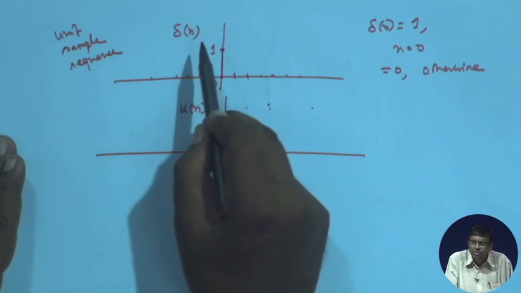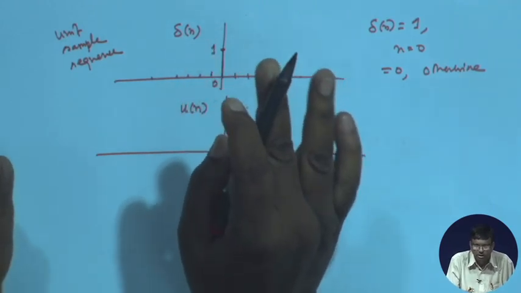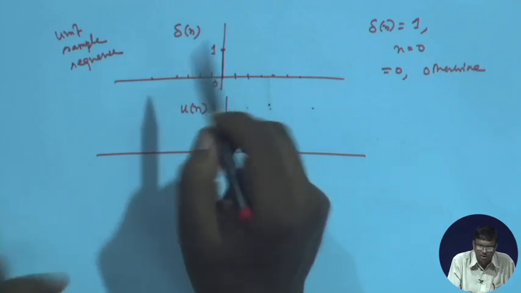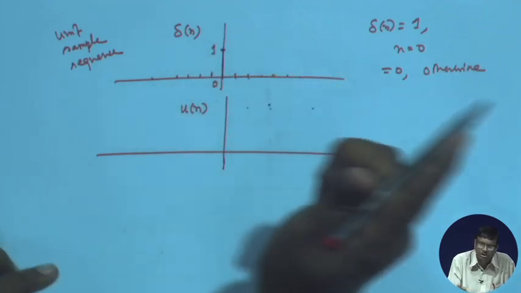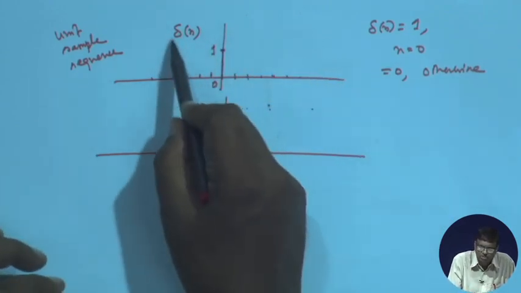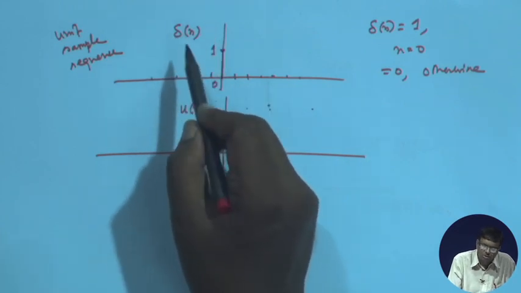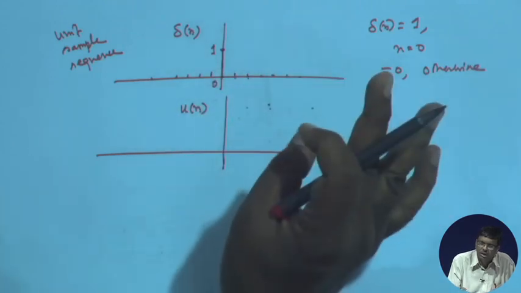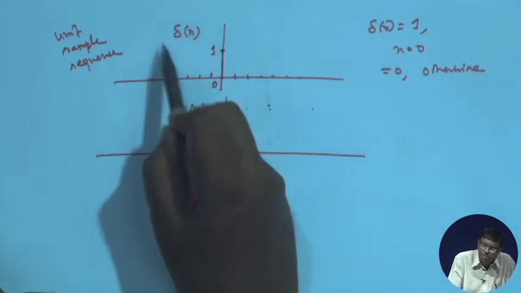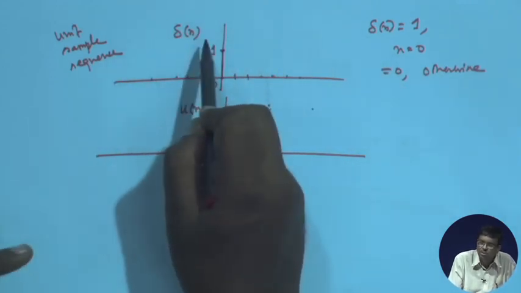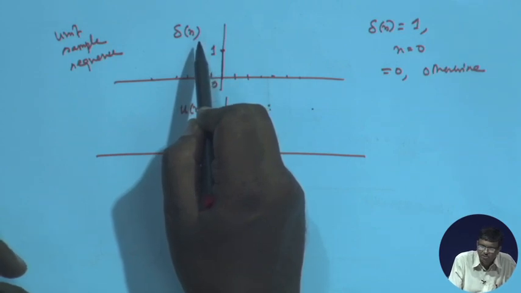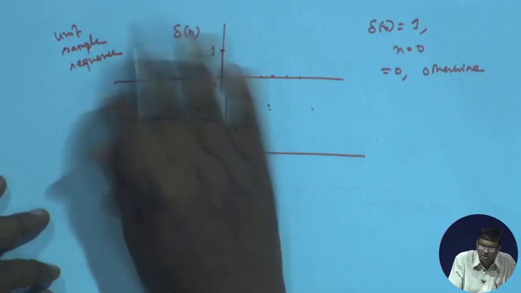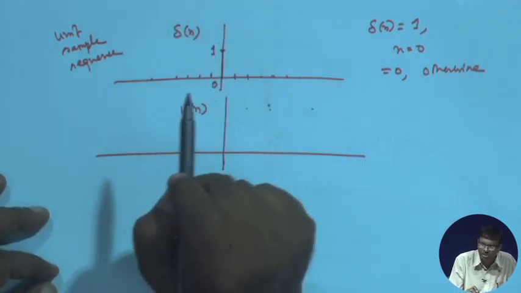But I tell you one thing, because we have been using the delta function or unit impulse function in analog so often with this symbol delta, sometimes we also call it the unit impulse sequence by mistake, but that mistake is well accepted. There is nothing impulsive about it. Even if we say unit impulse sequence, it basically means unit sample sequence, its value is 1. It has nothing to do with the actual impulse function, that is the delta function.